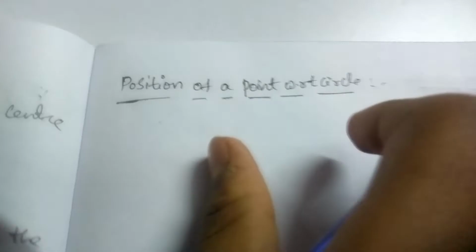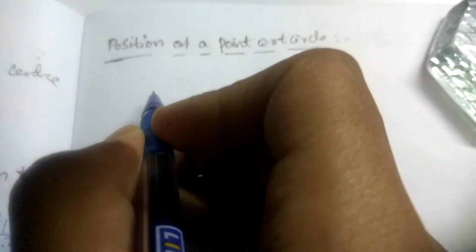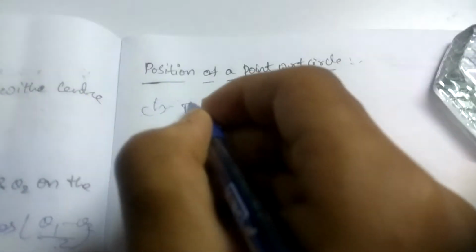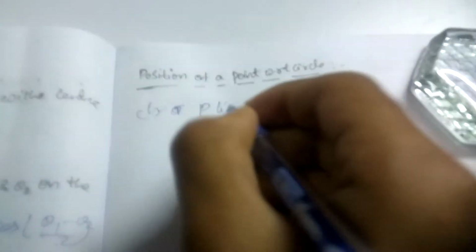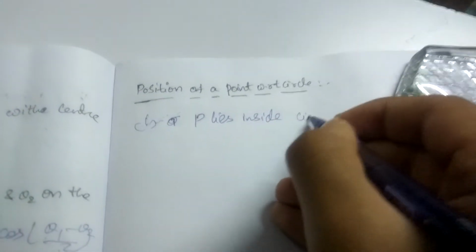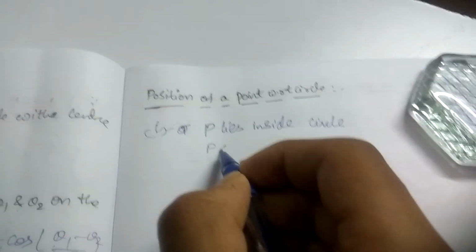Now coming to the part of position of a point with respect to a circle. Position of a point with respect to a circle. Now in this, it tells that if the point P lies inside the circle, then S11 is less than 0.